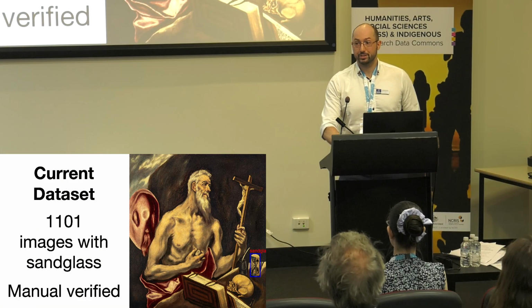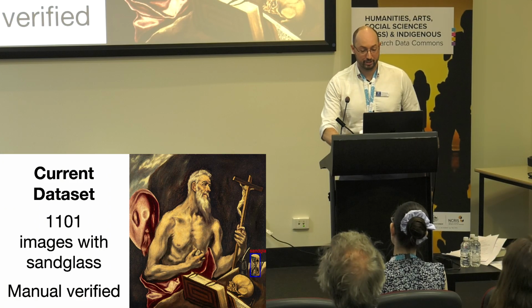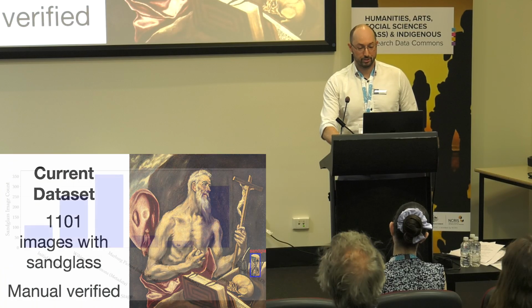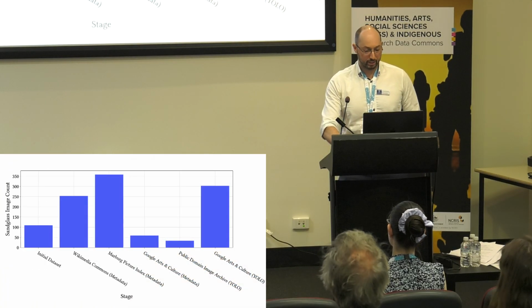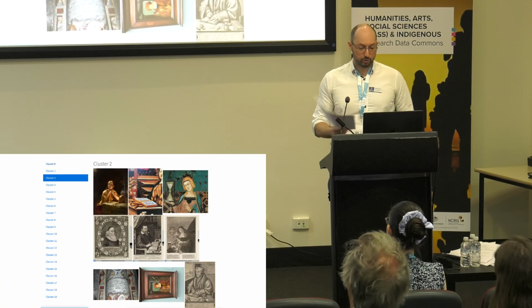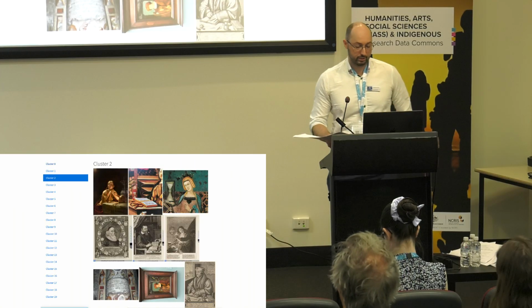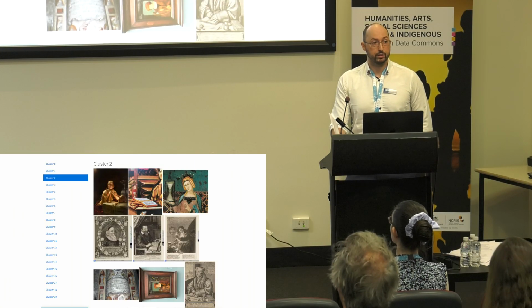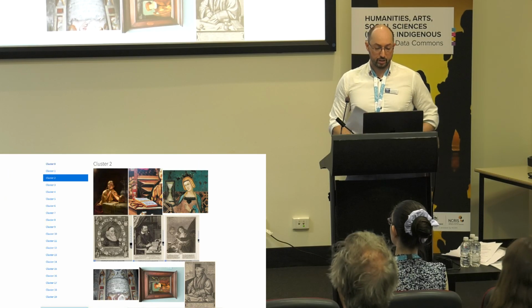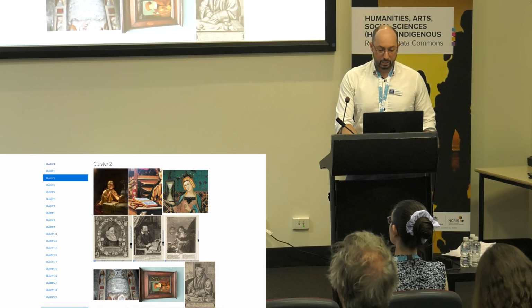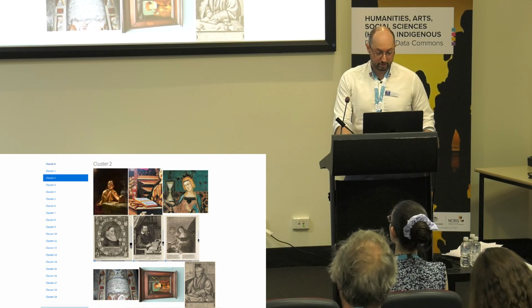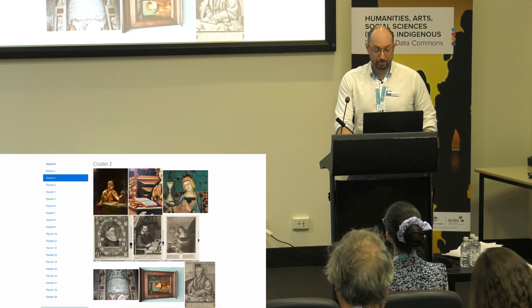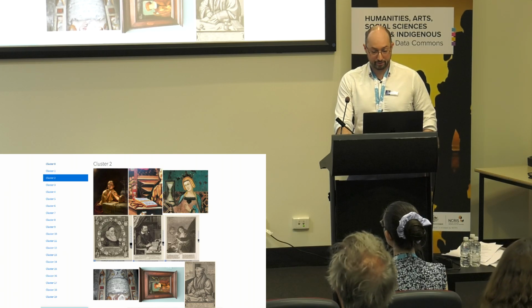And hopefully we can use this as an example for Collectra in the future for even more complex workflows in partnership with Google. So what we did was we found all these 1,100 images and we clustered them. So this is an example of the clustering feature in Collectra. Here we found this cluster was of portraits with hourglasses featured.